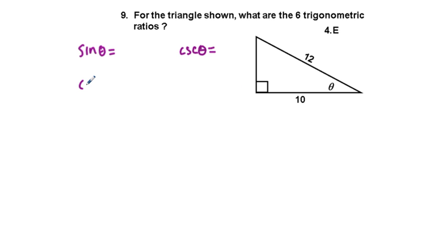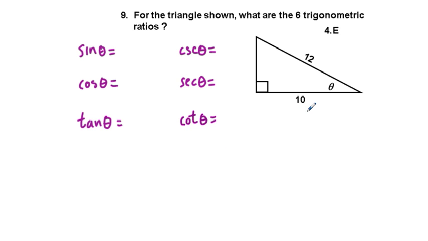We have cosine theta. We have reciprocal of cosine, which is secant theta. We have tangent theta, which we abbreviate TAN. And we have reciprocal of tangent, which is cotangent, abbreviated COT.